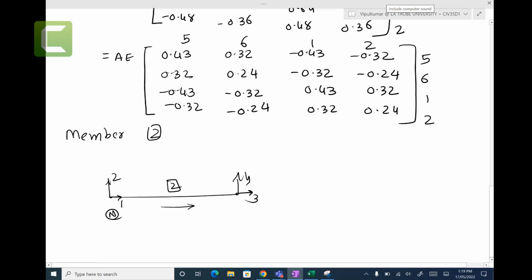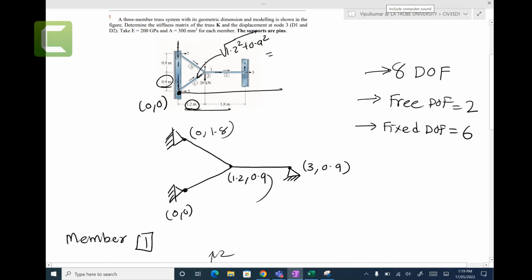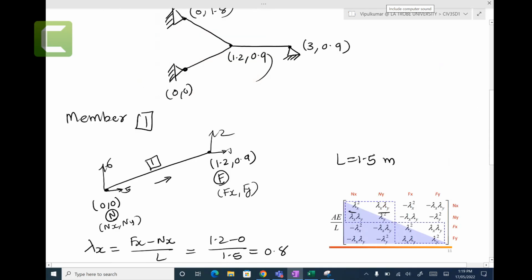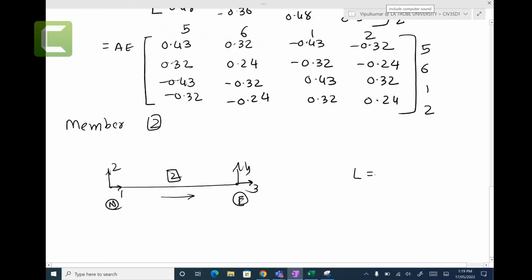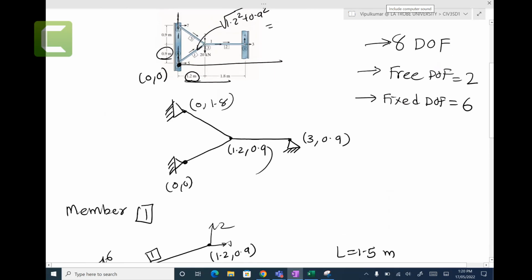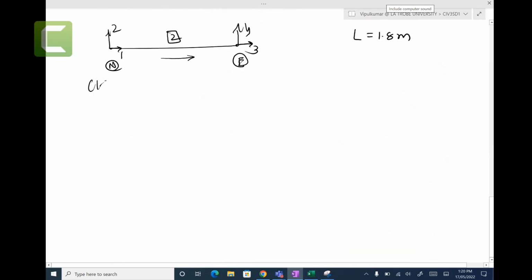This is the near node, this is the far node. The length is 1.8 meters. The coordinates are 1.2, 0.9 and 3, 0.9.